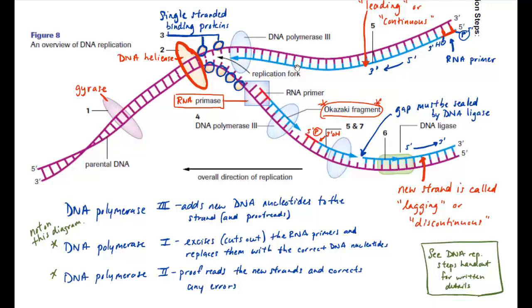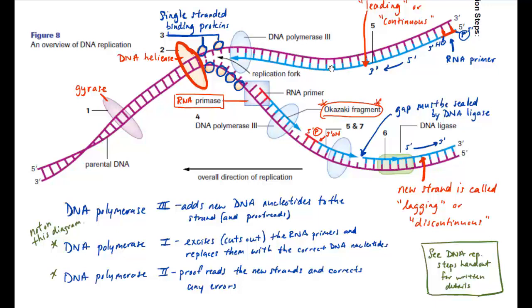And you don't want all of the baby cells after that down the line, all the descendant cells, to have that same mutation or that same mistake. Because sections of DNA like this could form a gene, and the gene is supposed to be there to code for a protein. So you really, really do not want to mess with the DNA code. So it's excellent that there is triple checking.